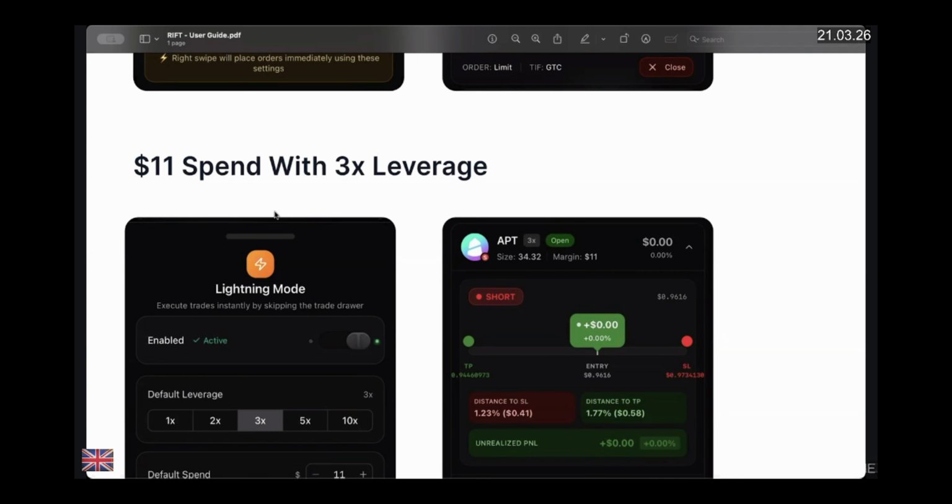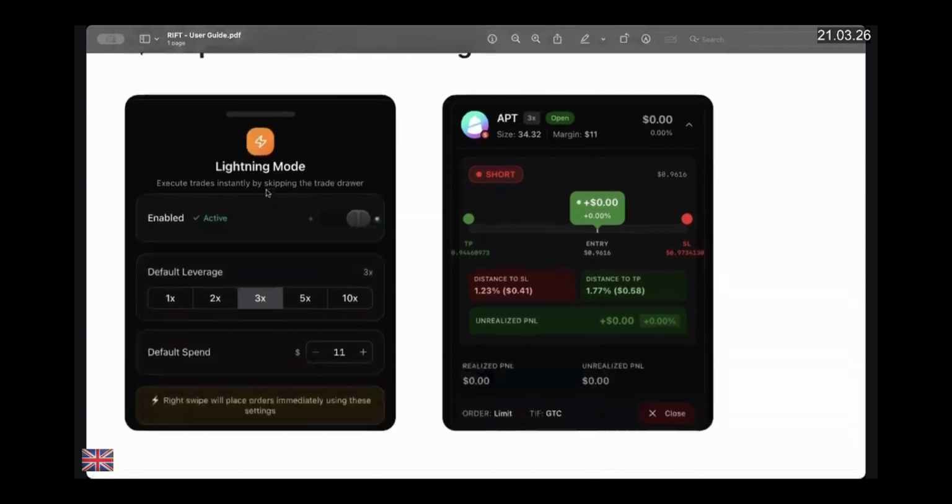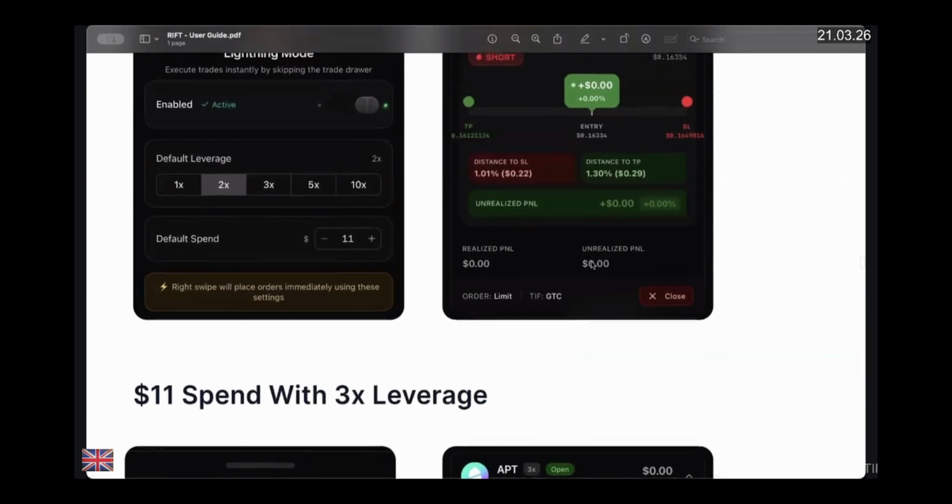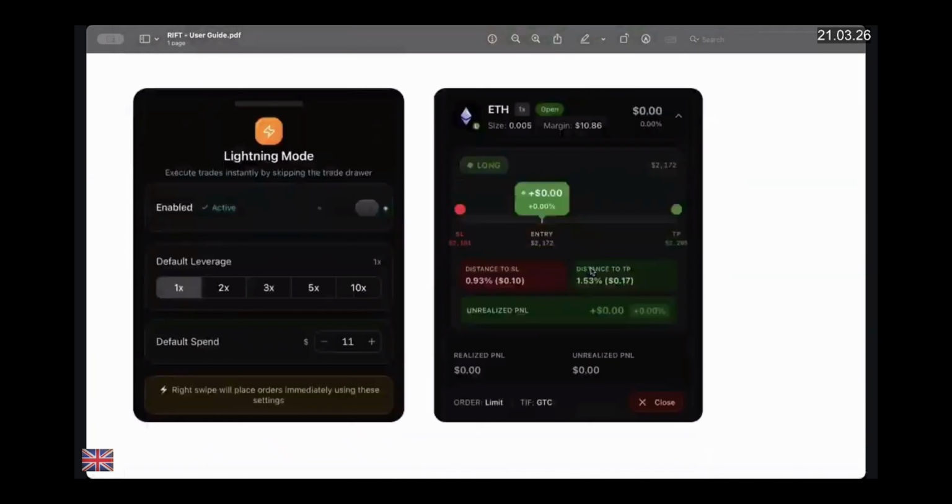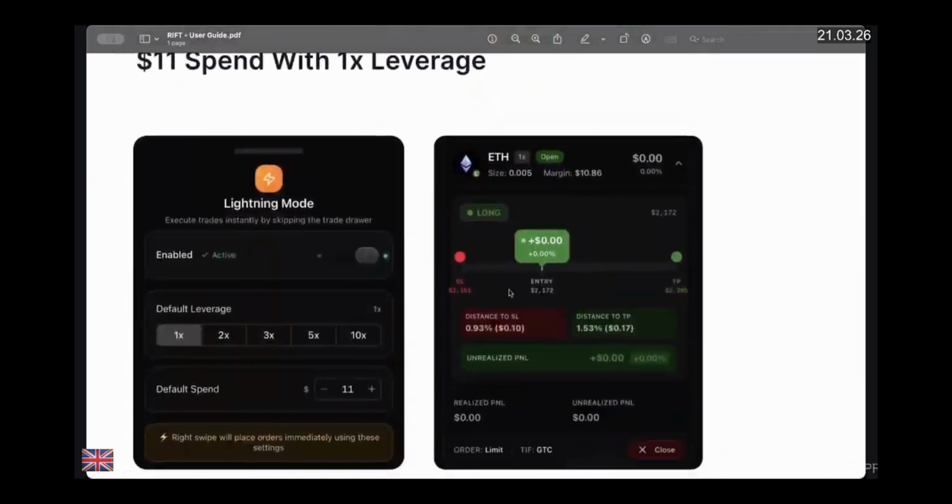So when we see leverage at 3x with the same $11 spend, we realize the distance to stop loss is at 1.23%, and distance to take profit becomes 1.77%, if we compare it to no leverage at the same price, at the same ticket size, at the $11 spend.